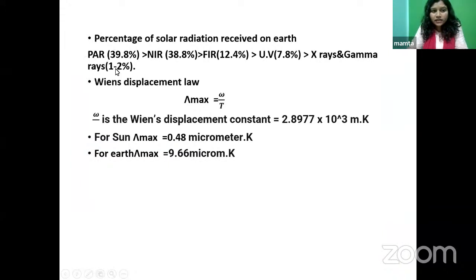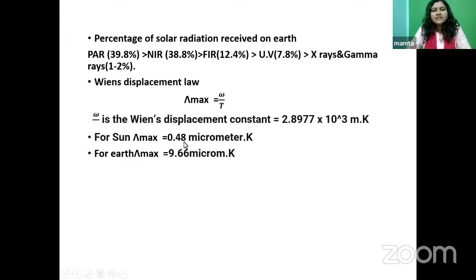The PAR is very important, photosynthetically active radiation, which plants use for photosynthesis. Out of those 48%, 49%, that is taken as 100%, and out of that, PAR contributes 39.8%, NIR 38.8%, far infrared 12.4%, ultraviolet radiation 7.8%, and X-ray and gamma rays 1 to 2%. See, these orders are very important.